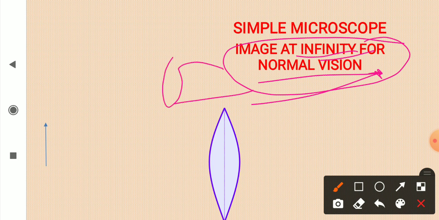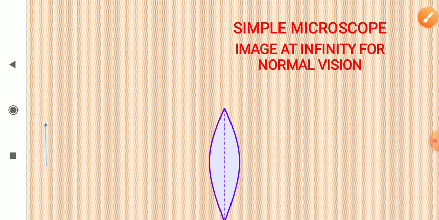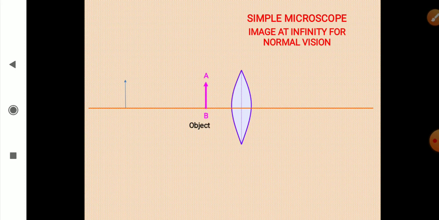Because when you are watching something at infinity, your eye is in a relaxed state. So it is called normal vision. So if we use the word relaxed eye, we are talking about normal vision only. So the final image must be formed at infinity. So let's see what we do for it now. So you have an object, same diagram, see.